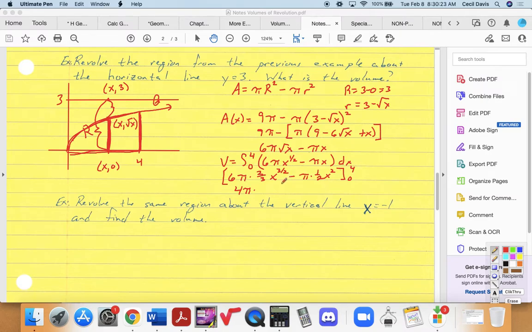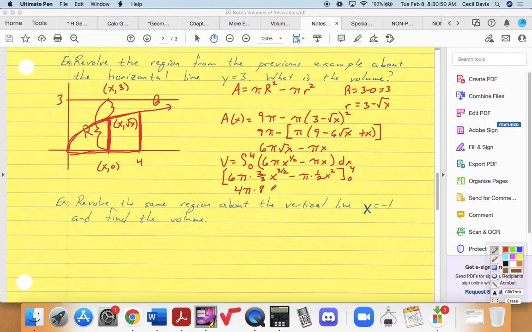Don't cube it first. Take the square root first, then cube it. It's always easier. We talked about this before. So 4 to the 3/2 is 8.